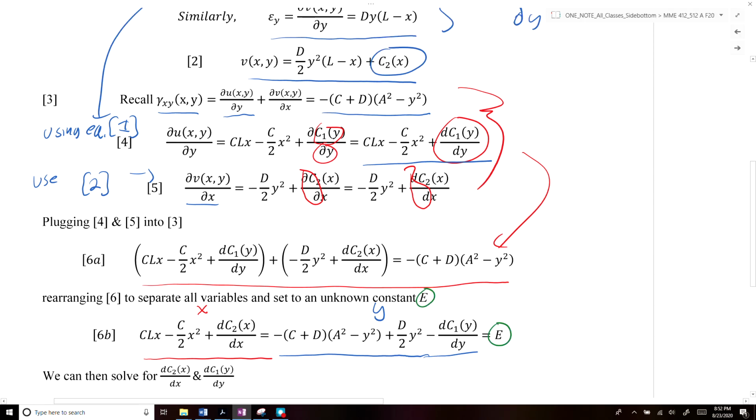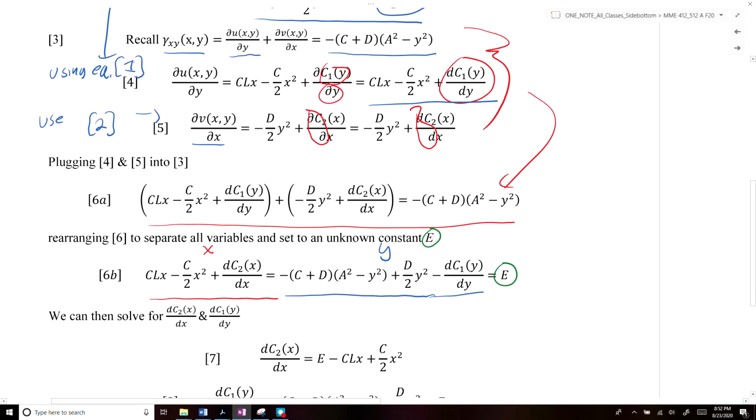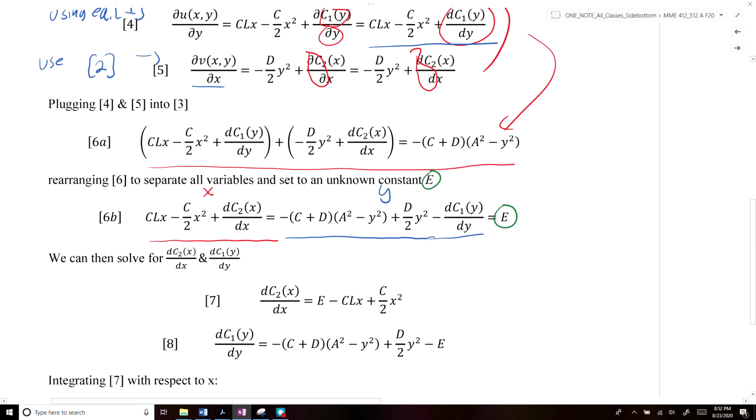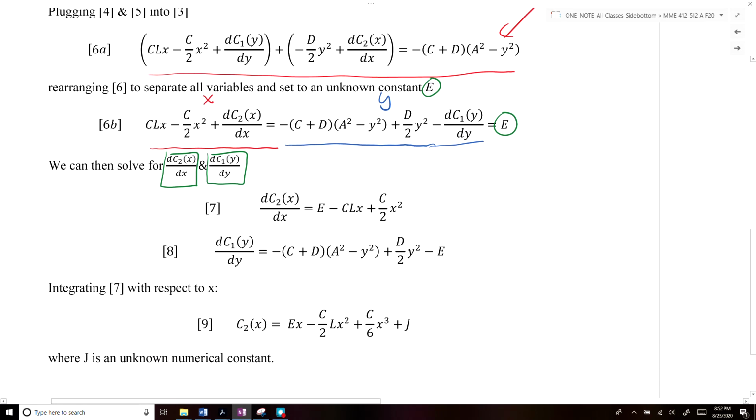Then we can solve for our two unknown functions, dc2 of x and dc1 of y over dy. So we just rearrange these equations so that everything is on one side, and then we would just integrate them.